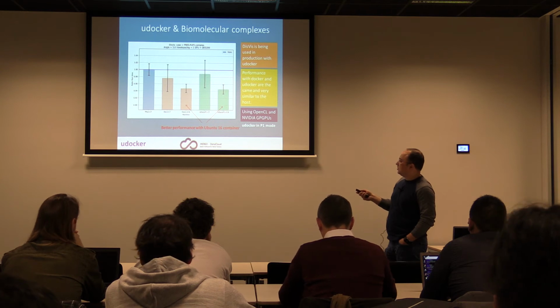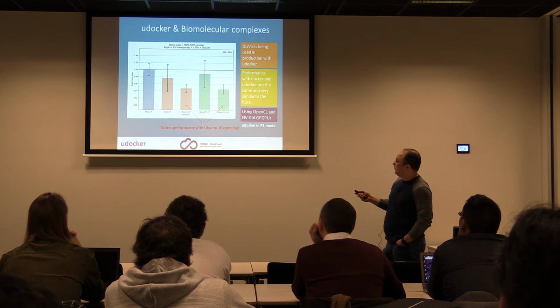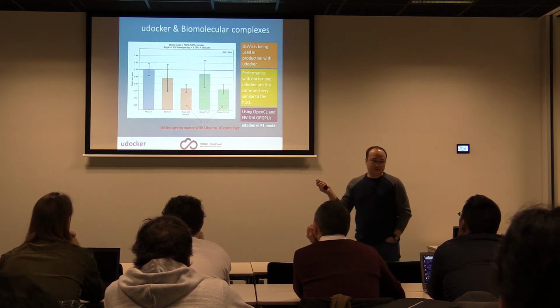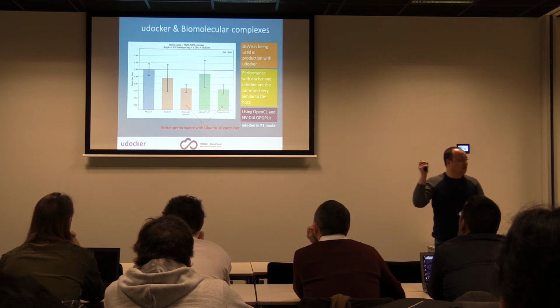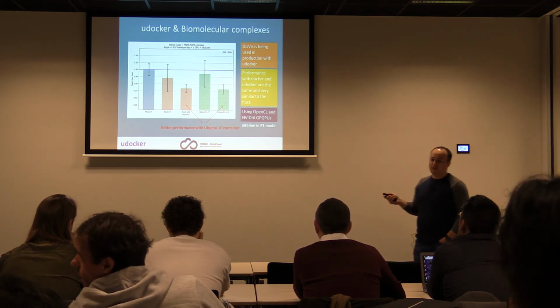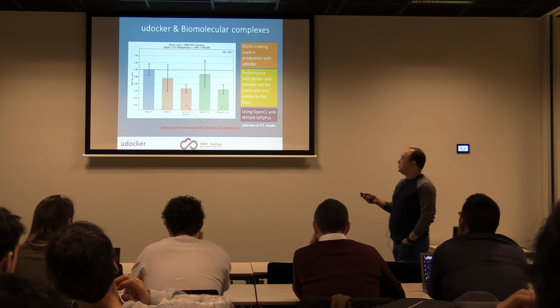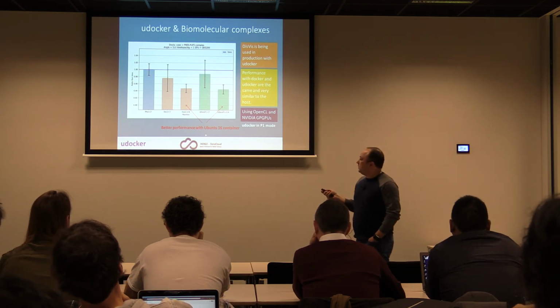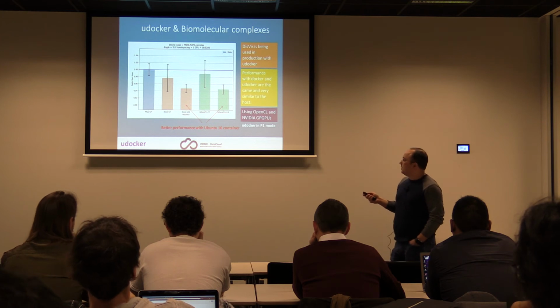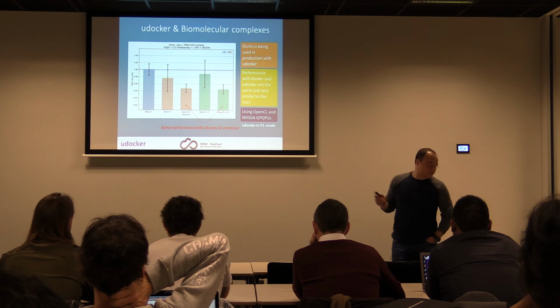We also had uDocker with the CentOS 7, and we had a very good performance. And I think the reason for this is that the libraries from Ubuntu may perform better than the ones from CentOS. That's arguable. That's our speculation. And as you can see, the performance is quite similar to Docker.